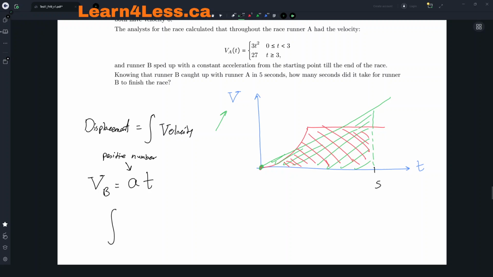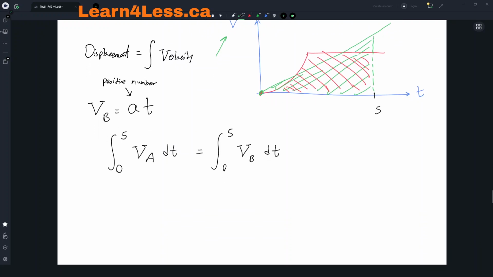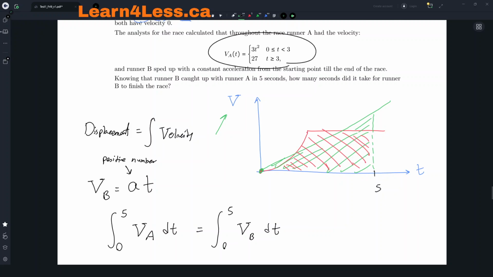Because after 5 seconds they are at the same place, their integrals are the same. So the integral from 0 to 5 of the velocity of runner A, dt, is the same as the integral from 0 to 5 of the velocity of runner B, dt. For runner A, we know it's a piecewise function made of 2 pieces. 0 to 3 has a different expression, and after 3 is a different expression.